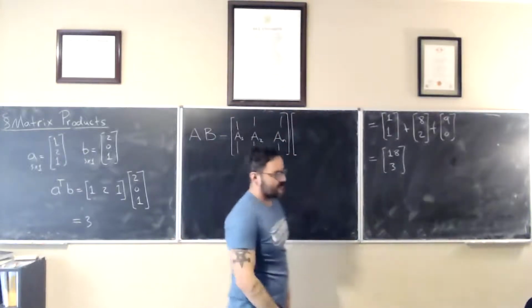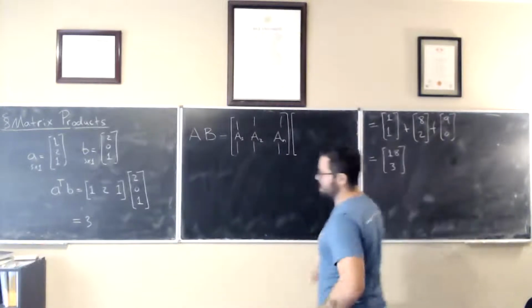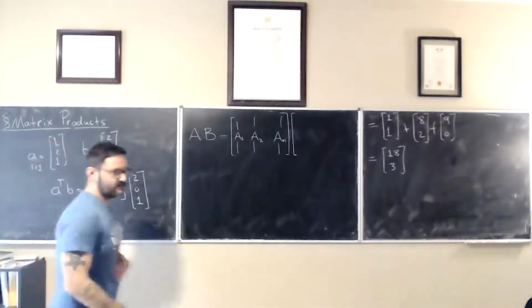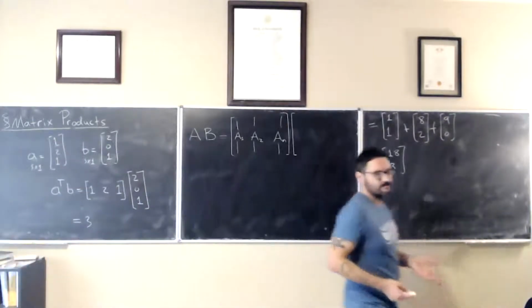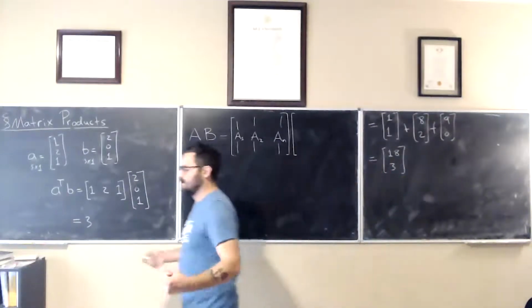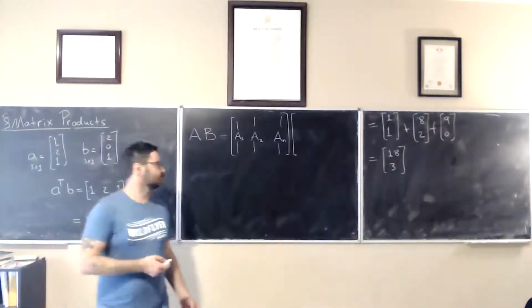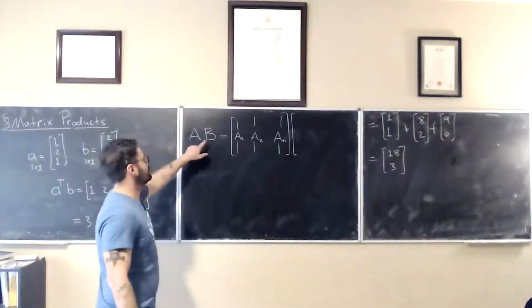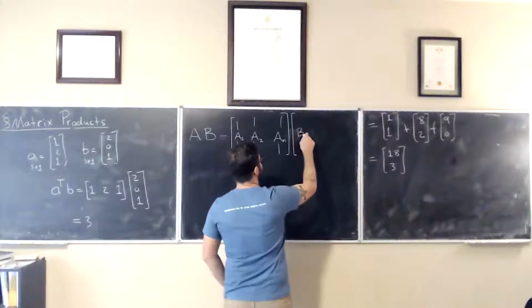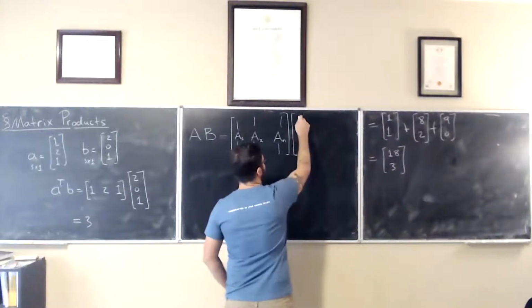Now, as I've mentioned before, vectors are just a special case of matrices. Vectors are just a matrix with a single column. So if we're looking at a matrix multiplication, we already know how to do it with one column.